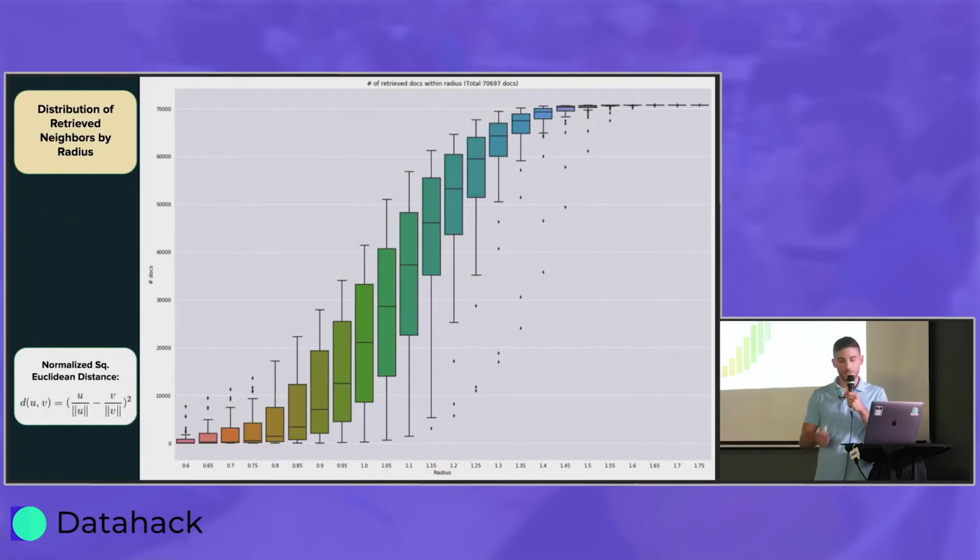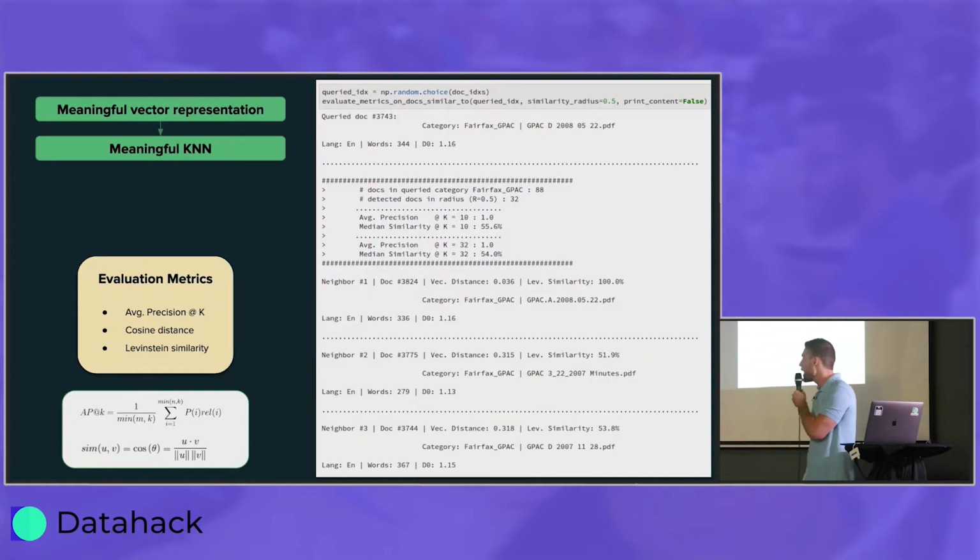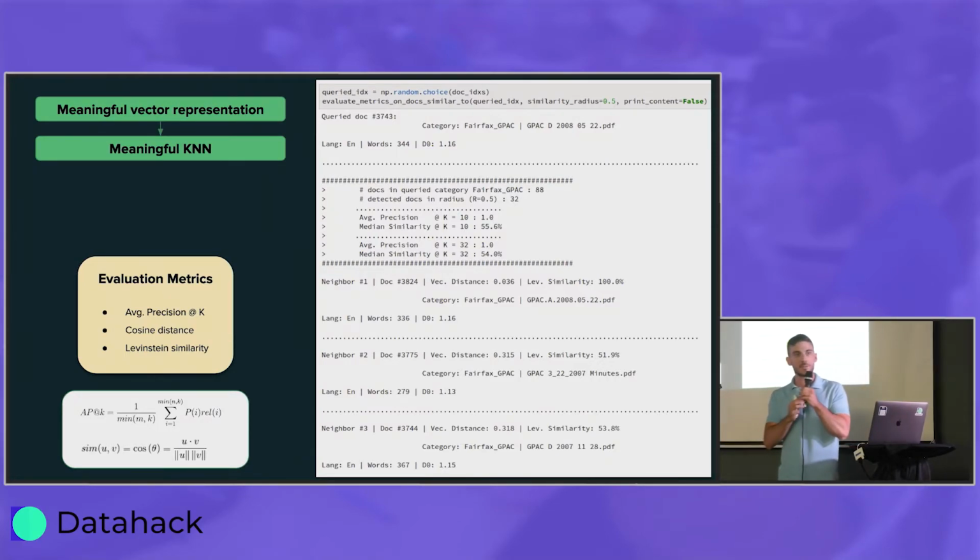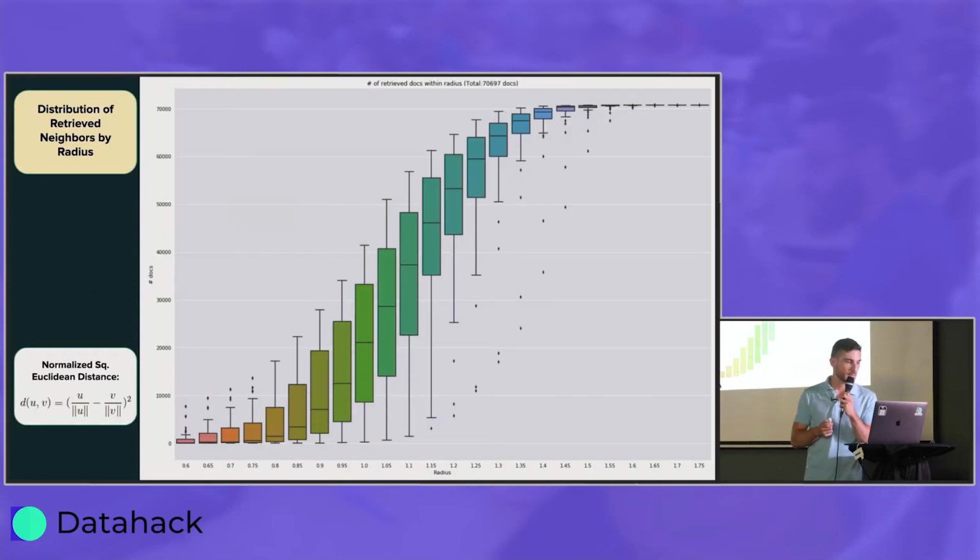And yeah, okay, so the next thing, if you ask yourself how many documents you can obtain given some method: how many documents you'll get when you query a document, how many documents are within some radius distance apart, how many documents are within radius 0.5, how many documents are within radius 0.6, etc. And so on some data set, it looked like this, about 70,000 documents.